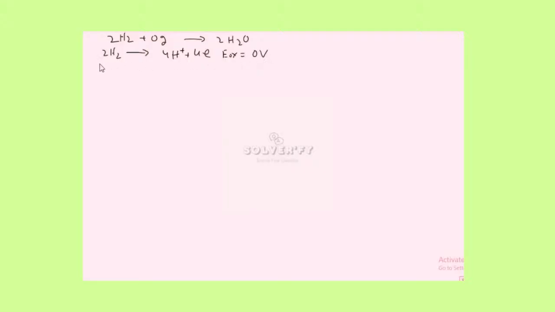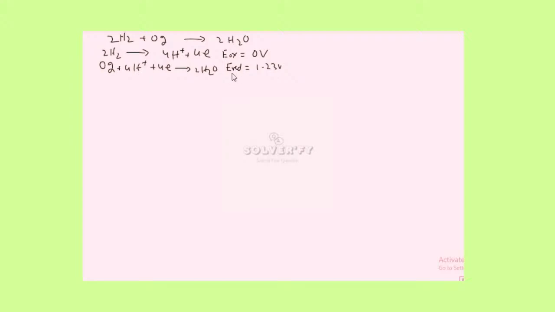On the other hand, oxygen in the presence of 4 hydrogen ions gains the 4 electrons, forming 2H2O, so the E reduction for this cell is 1.23 volt.